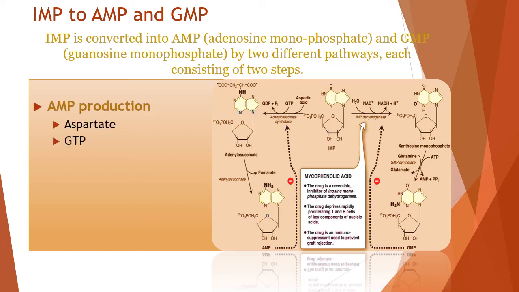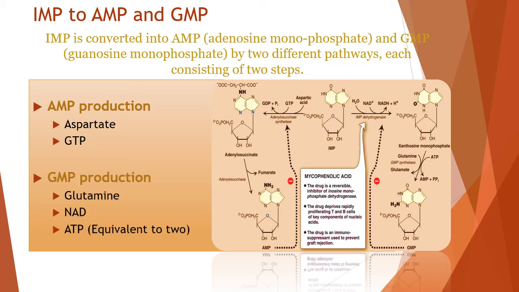In the AMP production from IMP, it involves the utilization of another aspartate and a GTP moiety, while for the production of GMP, we require glutamine, NAD, and ATP, as you can see in the accompanying picture. The synthetic pathway of AMP is on the left hand side, and on the right hand side there is the GMP pathway, and each pathway has two different steps.